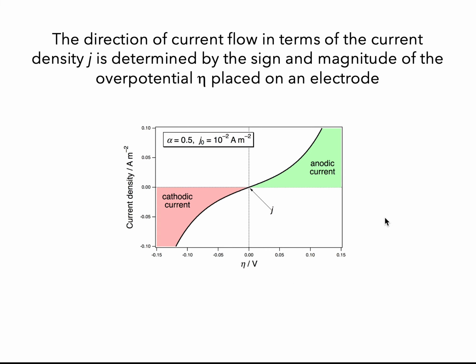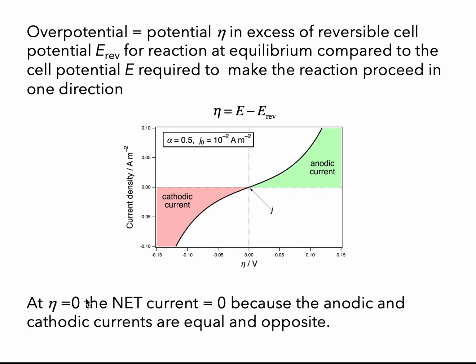Note that the direction of the current flow can be changed. Which species is the donor, which is the acceptor, can be changed based upon the applied electrical potential. And we call that potential the overpotential. The overpotential is 0 when the system is at equilibrium.